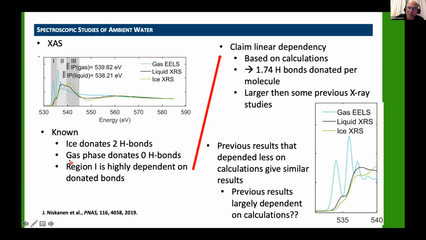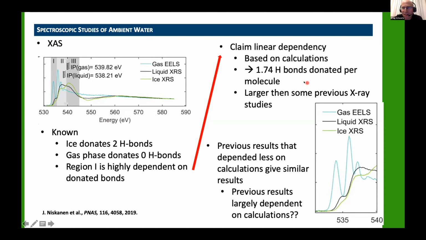But they basically interpret it by saying this region, they call it 1, is very sensitive to donated hydrogen bonds. You know that ice donates 2 hydrogen bonds and that gas phase water donates 0 hydrogen bonds. And if you look at the liquid water down here, you can see that it's much, much closer to ice. So therefore they argue that it gives you 1.74 hydrogen bonds.